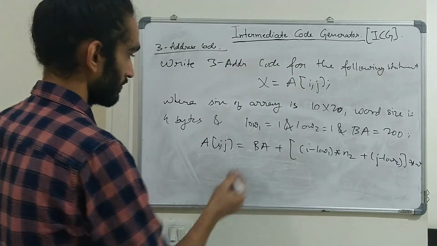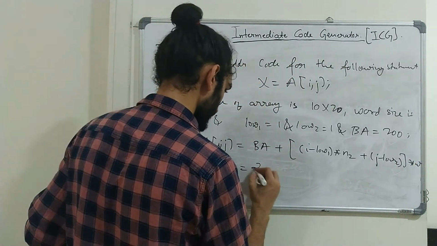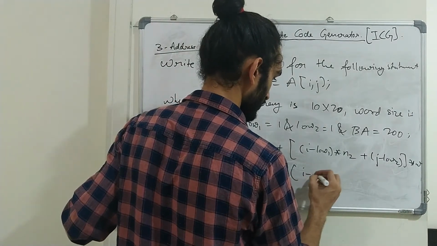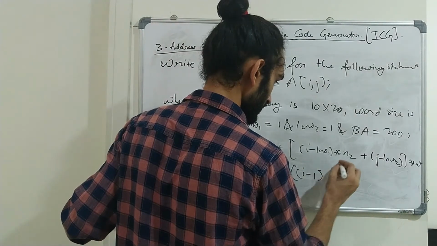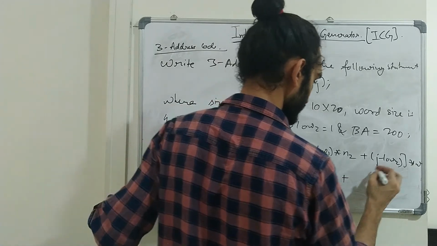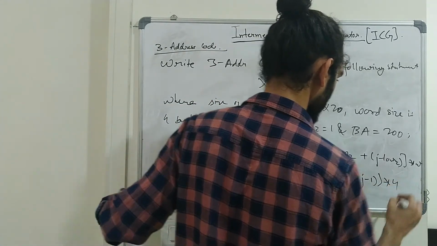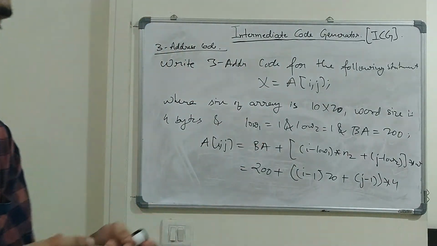So now I can put the values in here: 200 plus, i minus low1 is 1, n2 is 20, plus j minus low2 is also 1, into 4, right? So I am rubbing the question part.